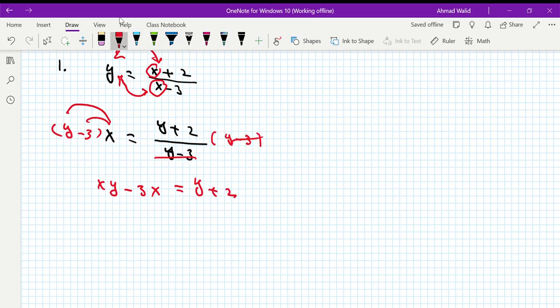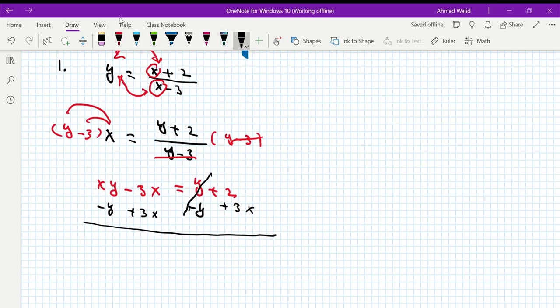Correct? Now, the terms that have y in them on one side, the terms that don't have y in them on the other side. It means I will subtract y from both sides and I'll add 3x to both sides. Correct? y cancels out with y, 3x cancels out with 3x.